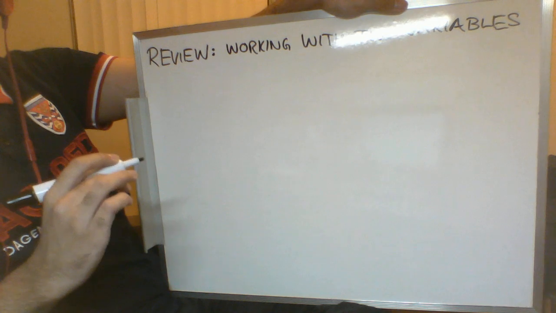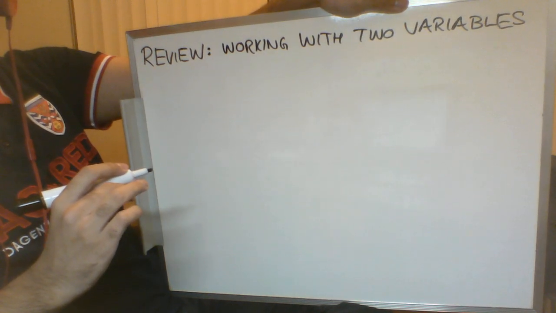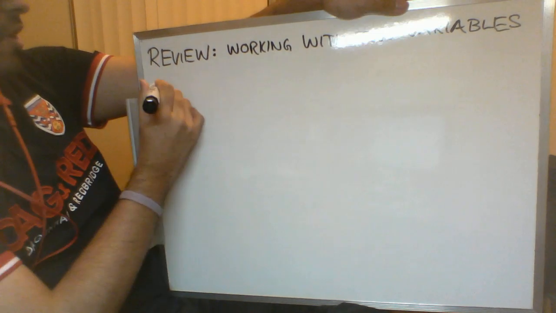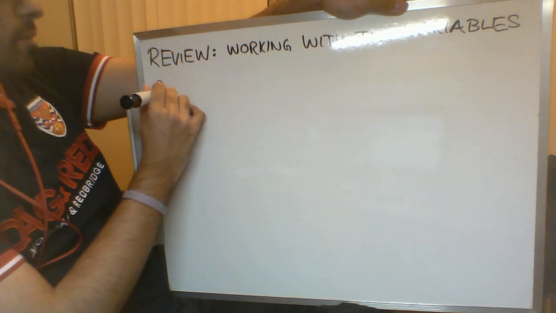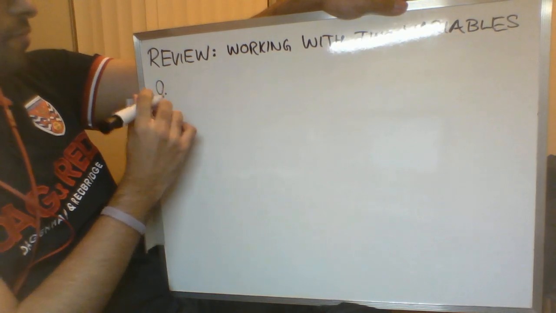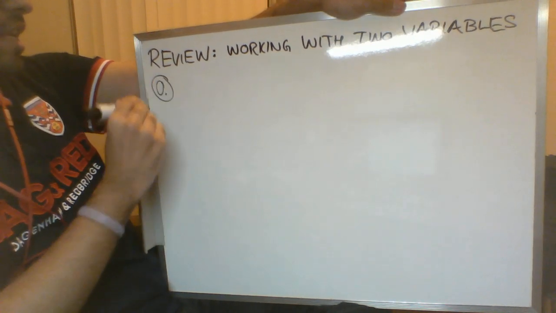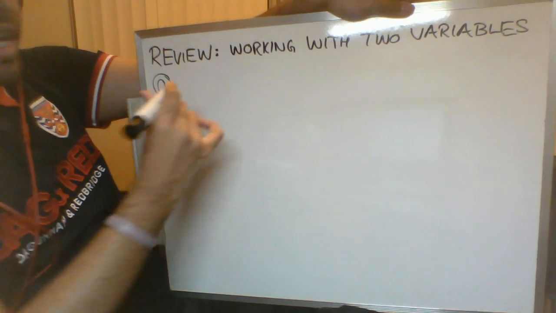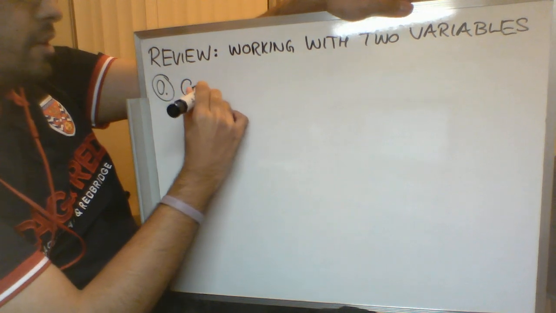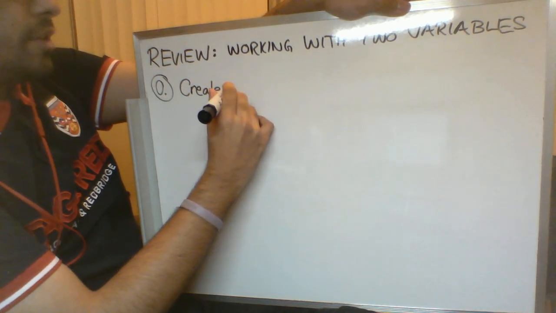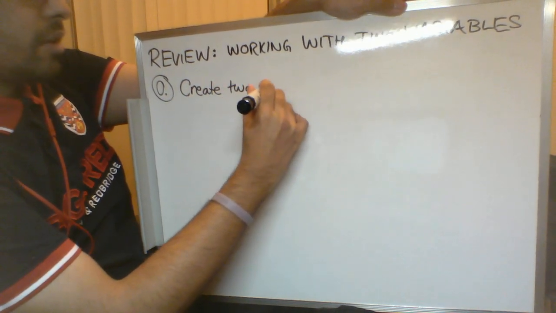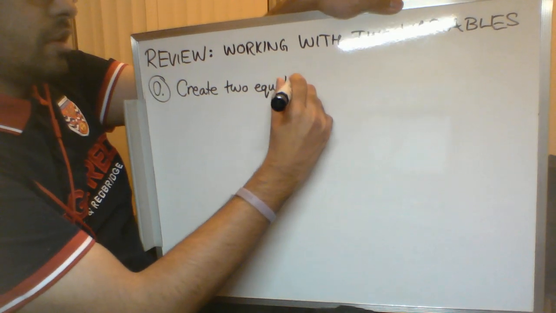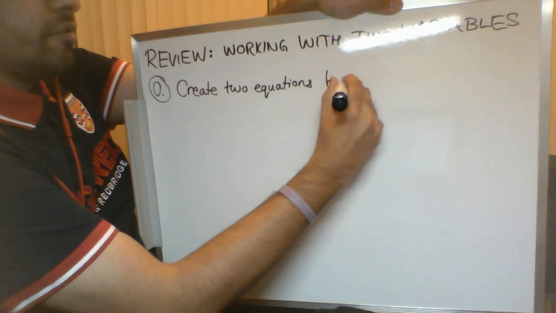So, once again, leave a little bit of extra space at the top for a step 0. We'll throw in the step 0 right now, even though you won't really need to worry about this step 0 on the test. So, the step 0 is create your two equations based on the information given.